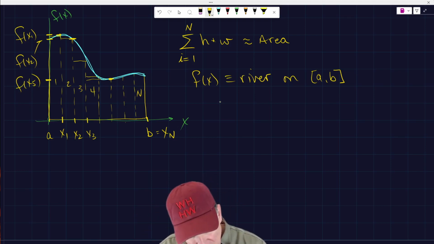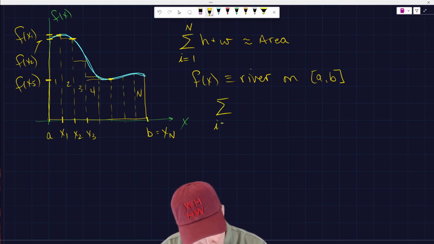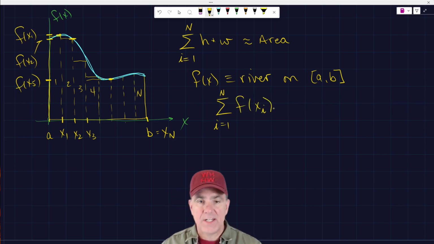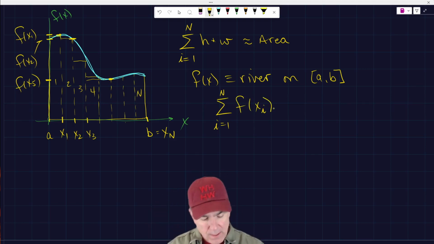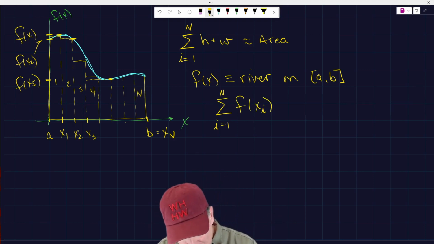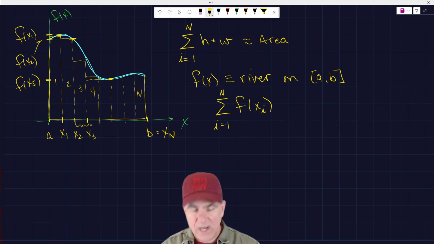Well, what I have now is a sum, i equals 1 to n, same idea, but now I have my function f evaluated at all of the different x sub i's, because I've taken my interval and chopped it up. And I'm multiplying by the distance between x sub i's, which I'm going to call delta x.